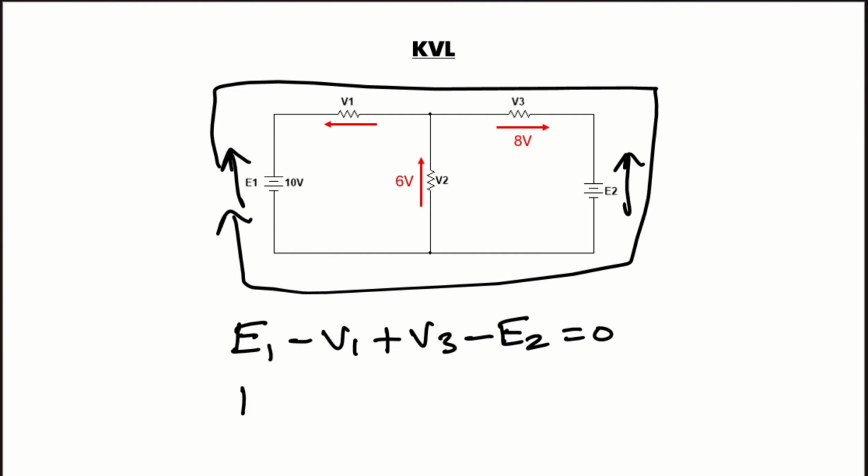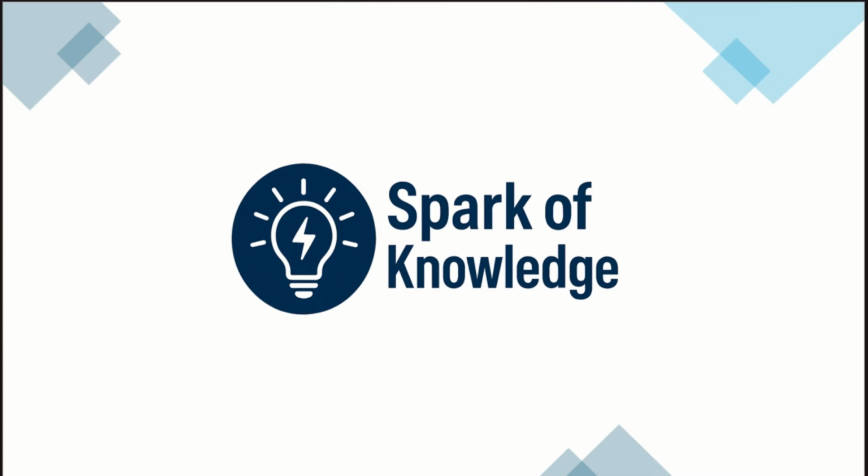Instead of E1, it will be 10, minus V1 which is 4, plus V3 which is 8, minus E2 which is 14, where the sum of everything will be 0, which confirms the earlier results. So that's all about Kirchhoff voltage law.